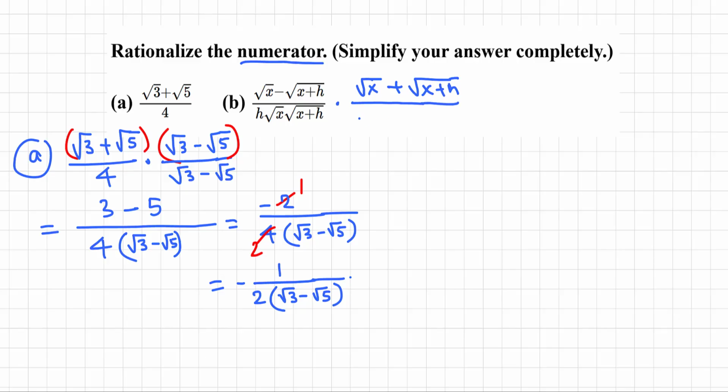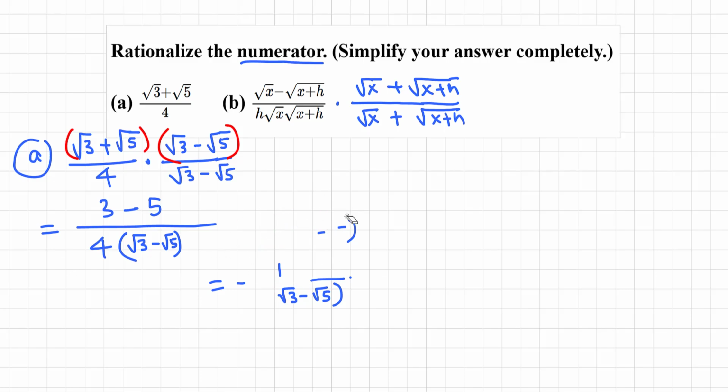Now we need to write the same thing on the bottom, root x plus h. Essentially we are multiplying this by 1, because writing the same thing top and bottom means multiplying by 1. That's legal. Our concern is the numerator, so we just leave the bottom as it is.